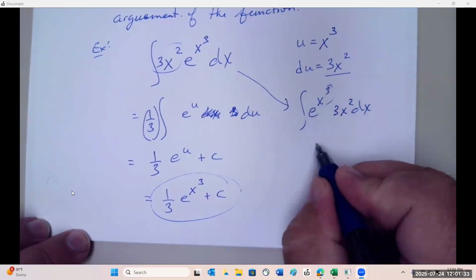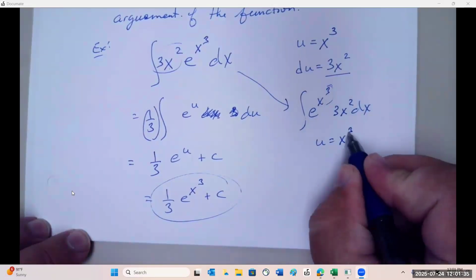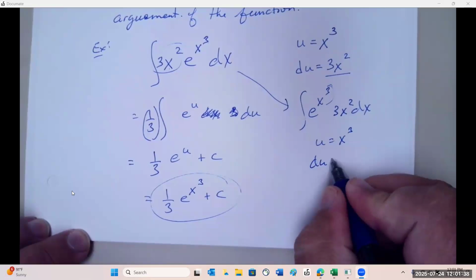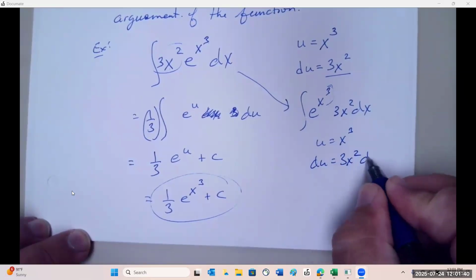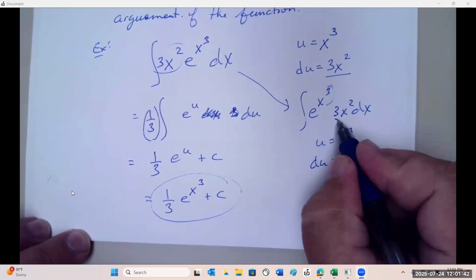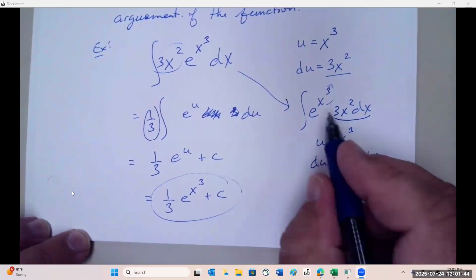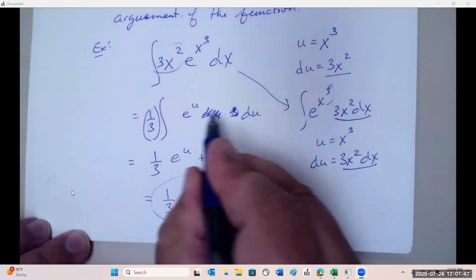So if u is equal to x cubed, then du is equal to 3x squared dx, which is what that is. So this becomes e to the u du.